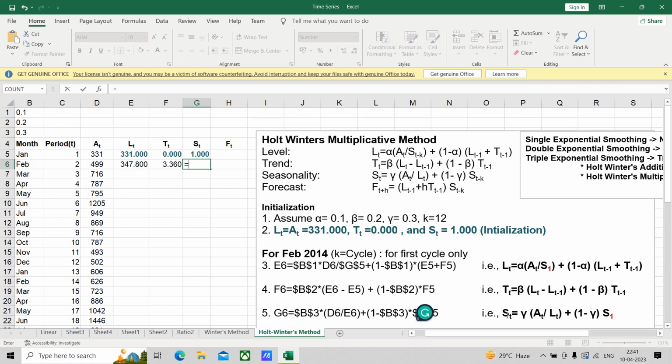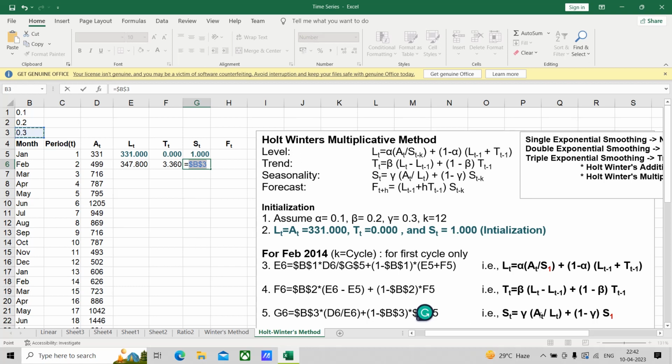In Excel, we always put equal sign whenever we enter any formula in that cell. Equal sign, then the value of gamma, and gamma is stored in B3. So we click this B3, and to make it absolute, we press F4 key.